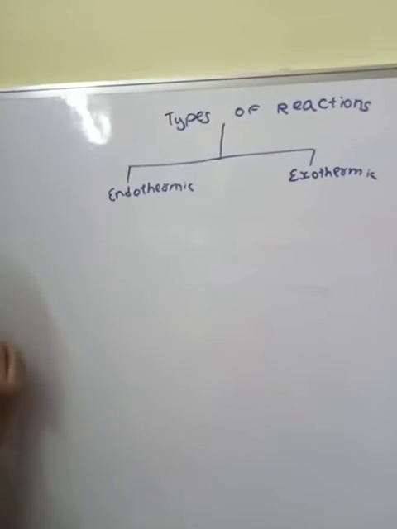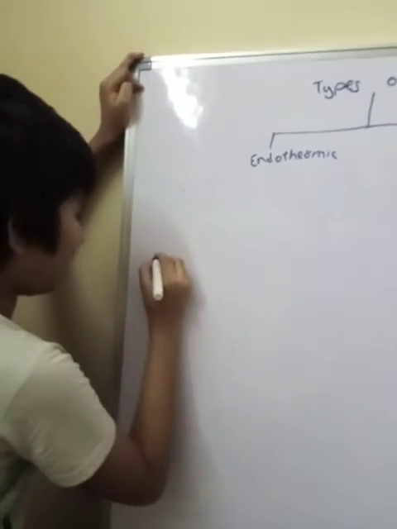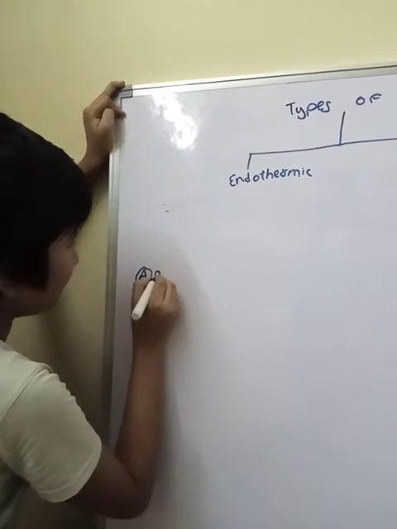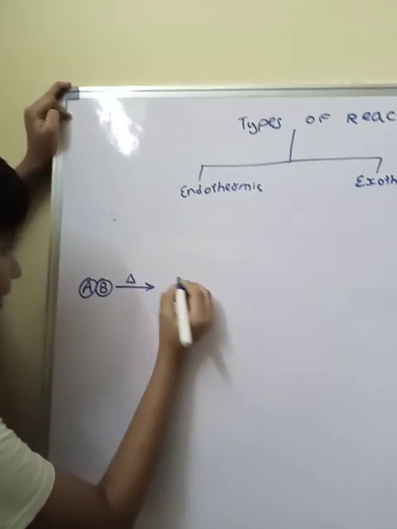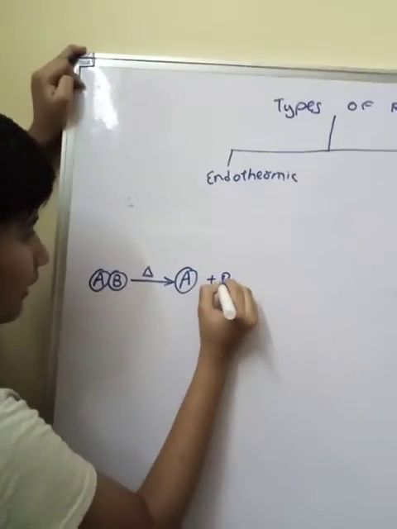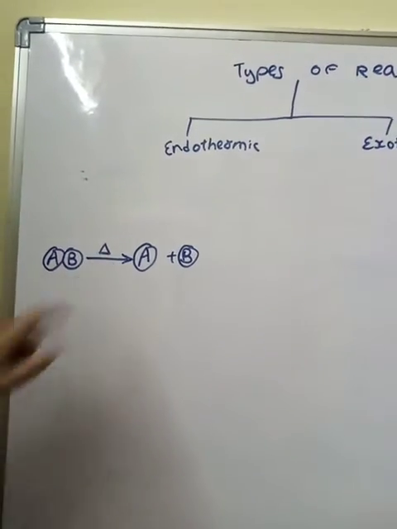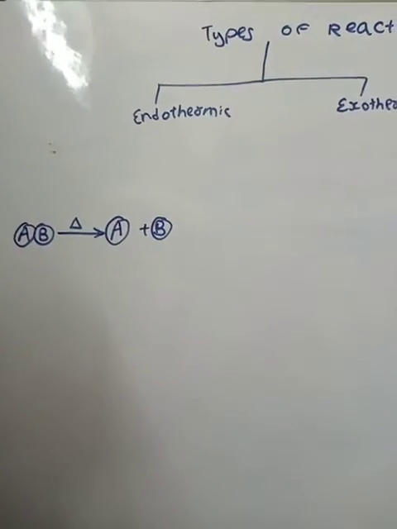Suppose I have AB and I am supplying some heat to it to form A and B. This is an example of an endothermic reaction. What are endothermic reactions?